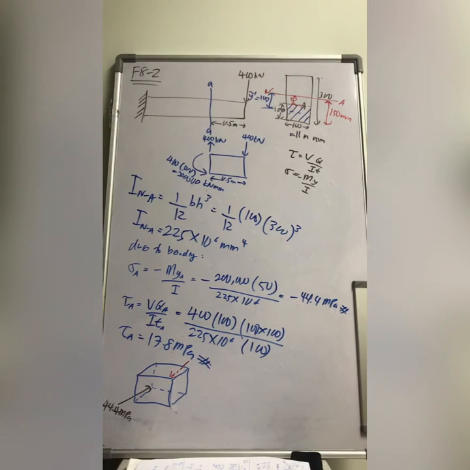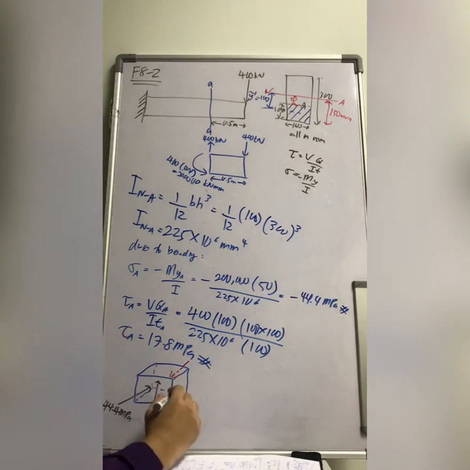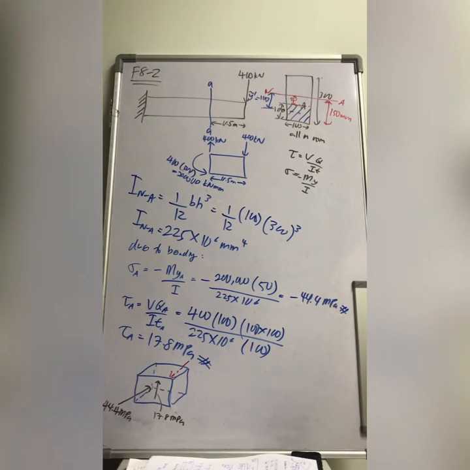So you have this going up. Of course, the complementary stresses: this one is 17.8 megapascal shear stress on the surface, and then the rest you just have to draw as complementary.